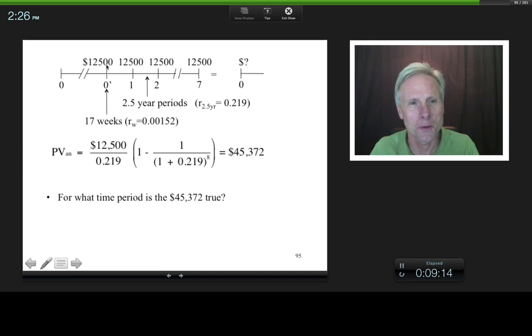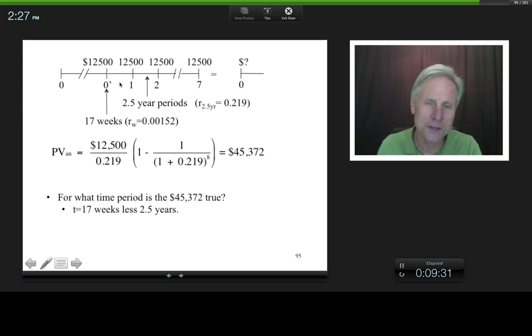It's one period earlier, right? And so this is at time 17 weeks. So what's one period earlier than 17 weeks? Well, how long are these periods? They're 2.5 years, right? So in other words, it's 2.5 years earlier than 17 weeks from today.